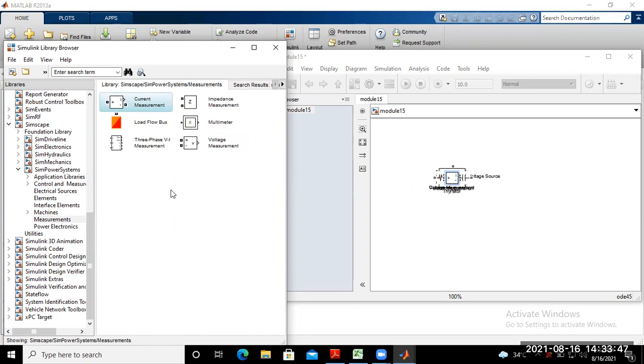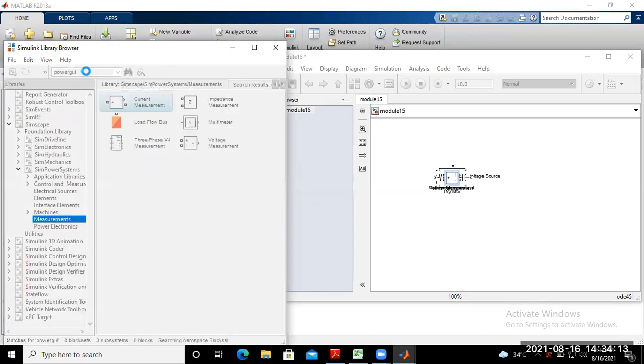Okay. Now next what we require here is the powergui, the power system block. So, now this is set. If you don't know which block is placed in which Simulink component, you may directly type here and search.